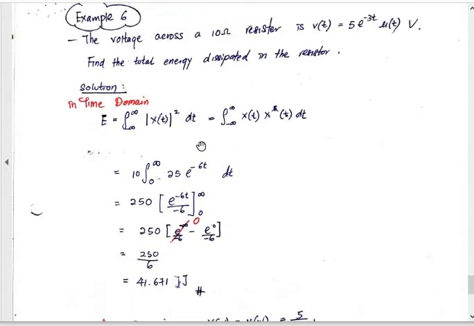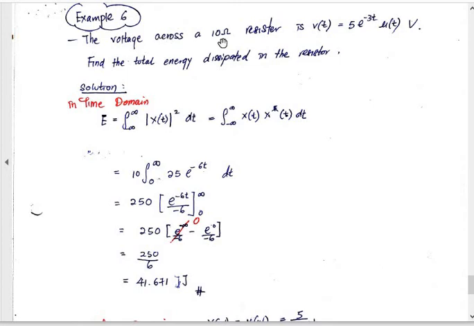So what is x of t? In this case, x of t refers to 5 exponent negative 3t u of t. What is the function of the u of t here? The limit is actually from 0 to infinity, so you change the limits to 0 to infinity.